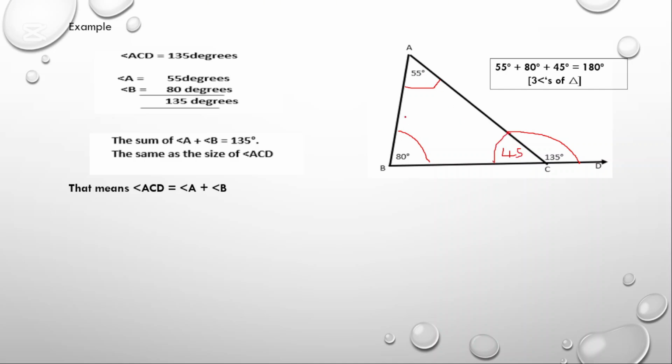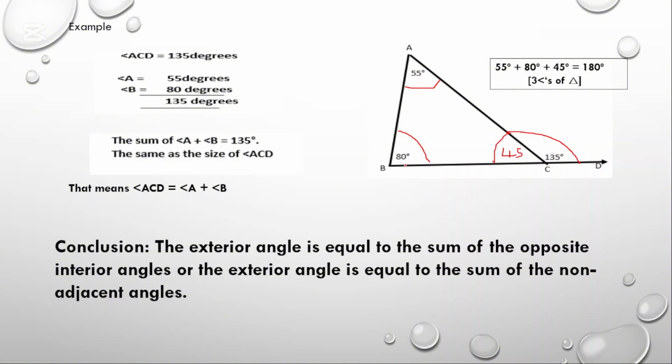But this two, if you add this two, you get exactly the same amount as the size of the exterior angle. That means that ACD is equal to angle A plus angle B. For that reason, we can say the exterior angle is equal to the sum of the opposite interior angles, or the exterior angle is equal to the sum of the non-adjacent angles.